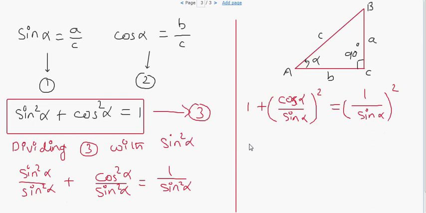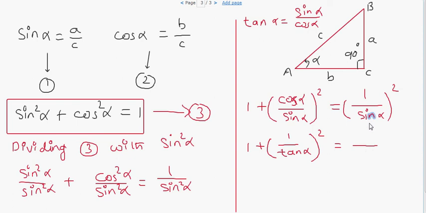Now this becomes 1 plus cos alpha over sine alpha is 1 over tan alpha, because we know from identity tan alpha can be expressed in terms of sine alpha and cos alpha.